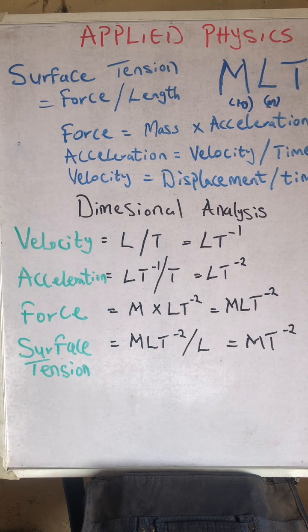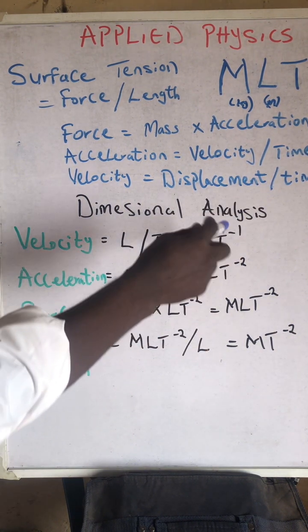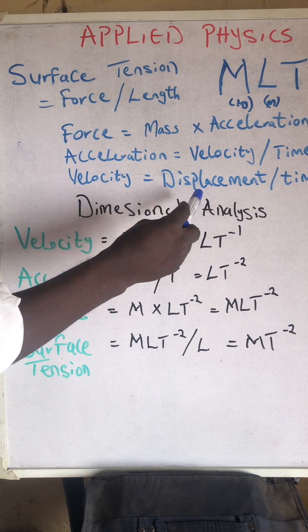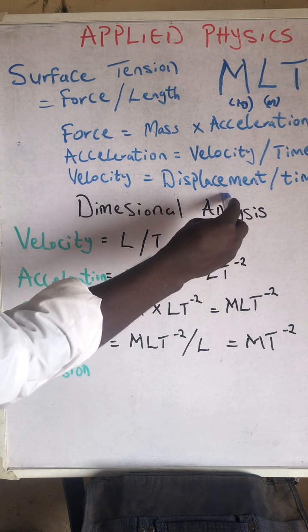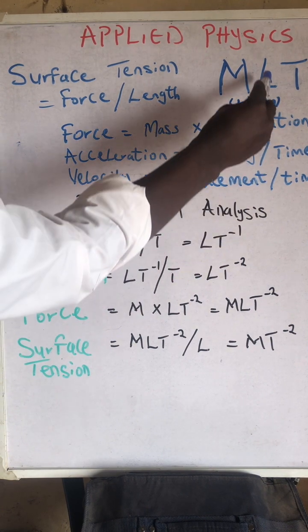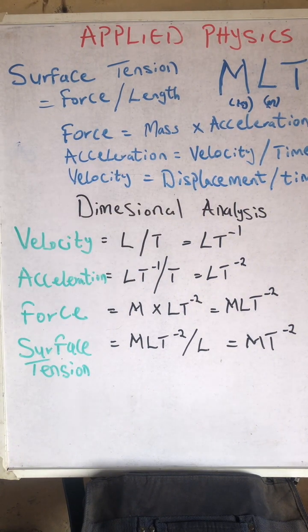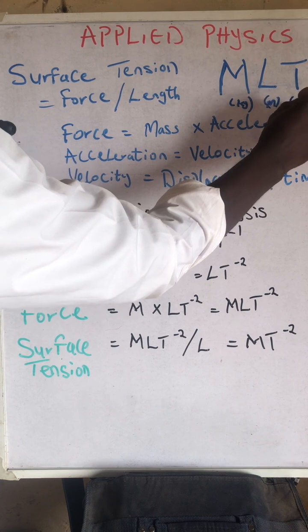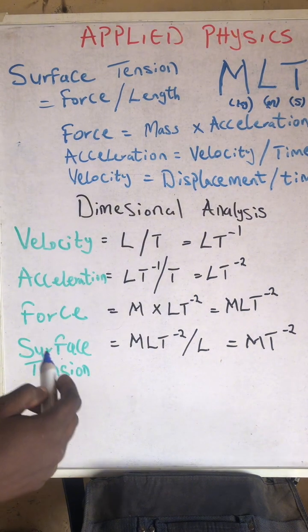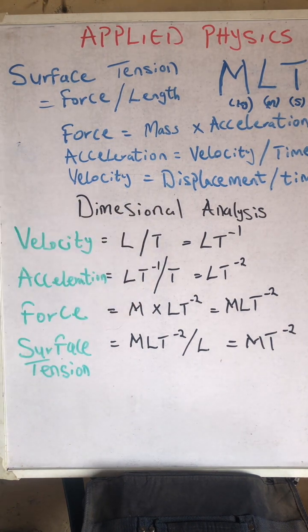Okay, guys. Velocity is displacement over time. As I said, displacement, which has the unit meter, will be represented as L. Then time, which is measured in seconds, will be represented as T. Now velocity is displacement over time.